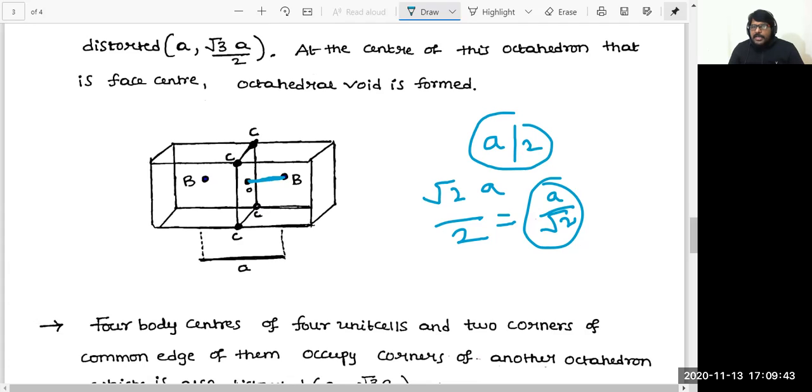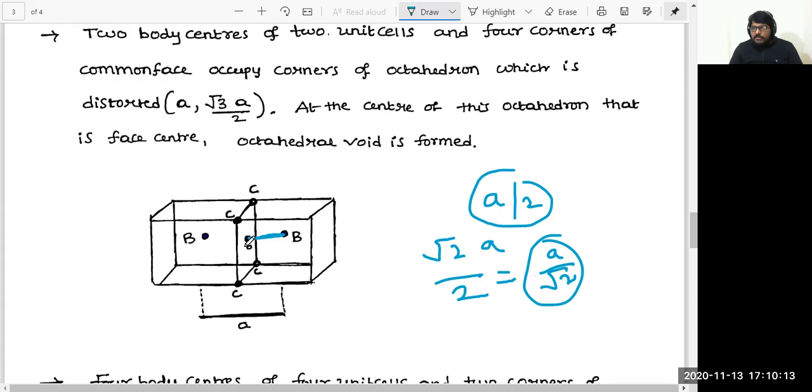This edge is a, this edge is a, but this is one edge of the octahedron, and from this corner to the body center, the distance is half the body diagonal, that is root 3 a by 2. So because of these two reasons, we can say that this face center is an octahedral void, but it is not a normal one, it is a distorted octahedral void.